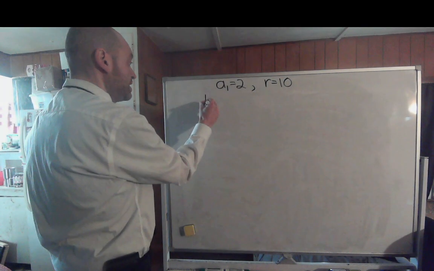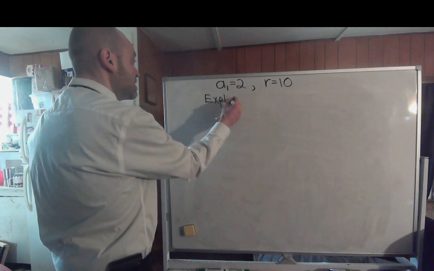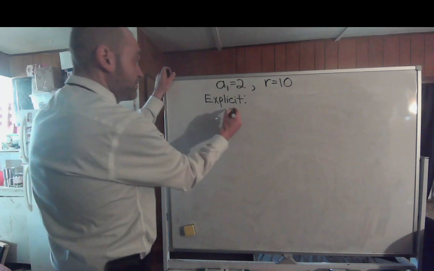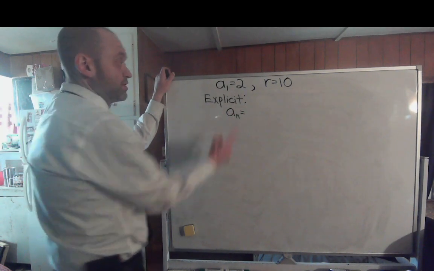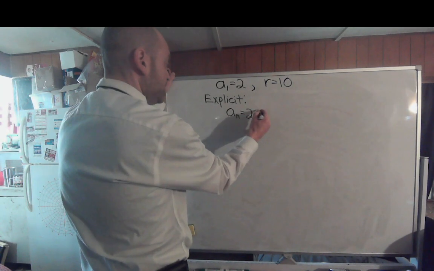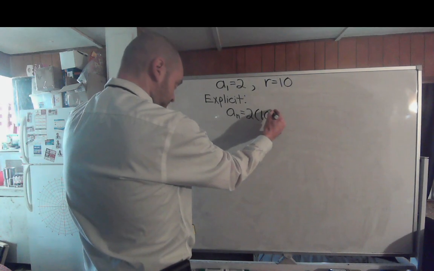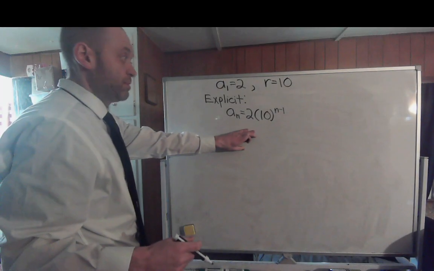So for the explicit, for a sub n, that's going to equal your first term, which is 2, times your common ratio of 10 to the n minus 1 power. So there's your explicit formula.